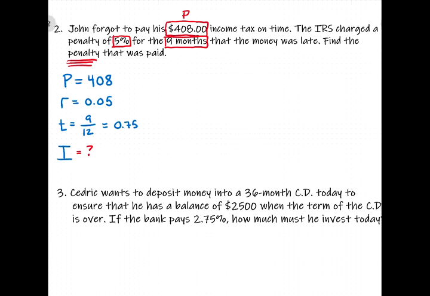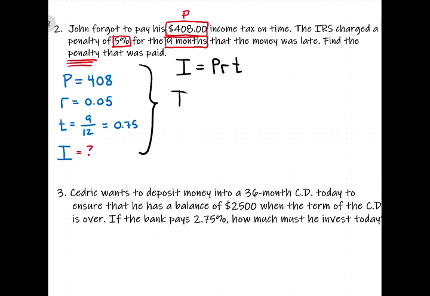There's only one formula that has a P, R, T, and I: I equals P times R times T. Interest amount equals principal times rate times time. And I discussed this in the previous video.